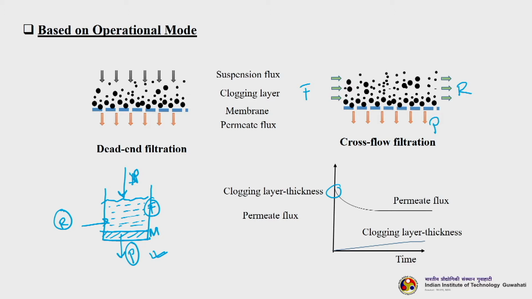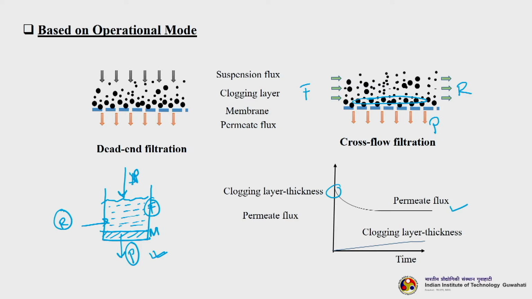One of the best things in a cross flow system is that the flow is tangential to the membrane surface, so the deposition happening on the surface of the membrane, which causes concentration polarization, will be a little less than in dead end filtration mode. And of course, the flux decline profile will be the same as in dead end filtration. However, the flux decline rate will be less than that of dead end filtration.